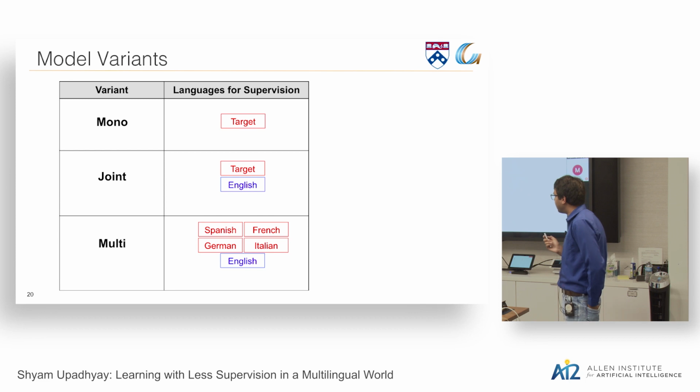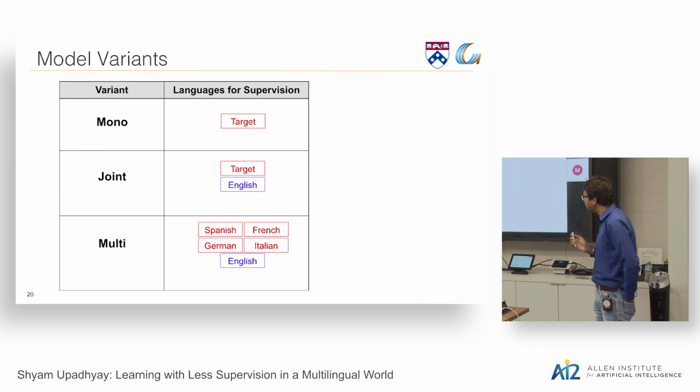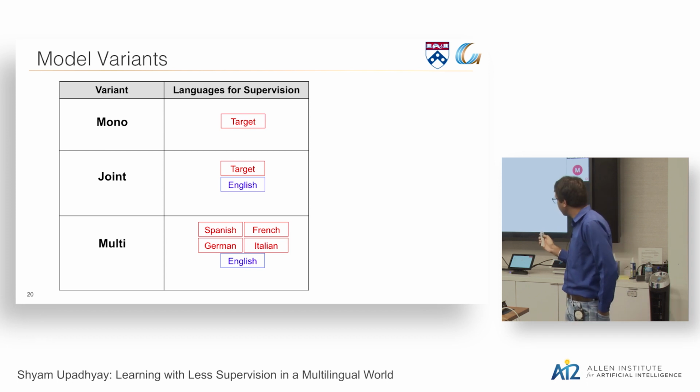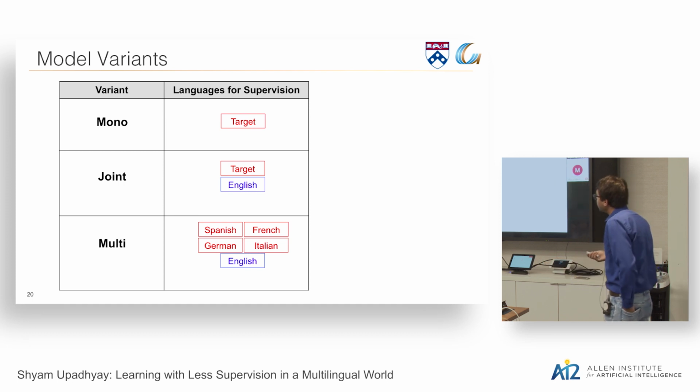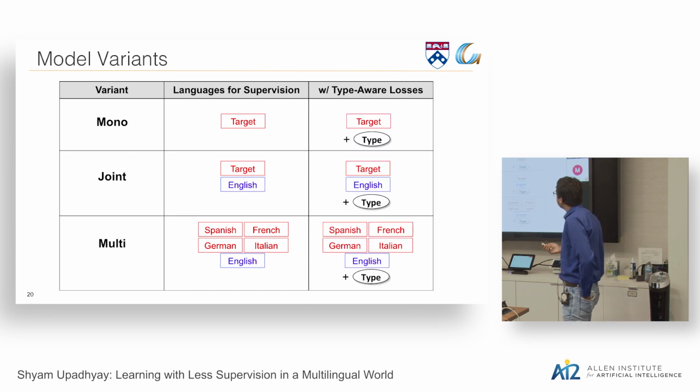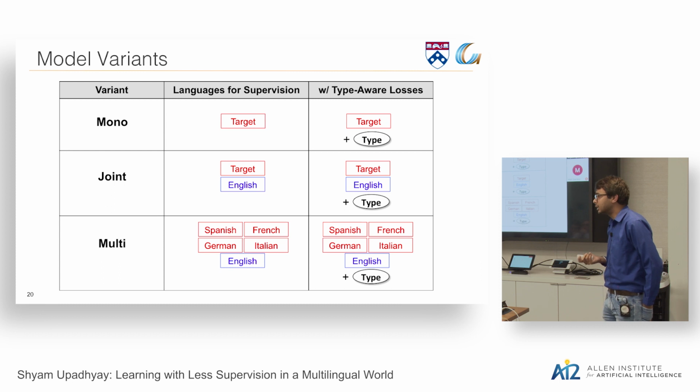And we also trained a multilingual model on 5 related languages, Spanish, French, German, Italian, and English. And these would be used for the relevant languages in the experiments. And for each of these variants, we also have the variant which incorporates the multitasking type loss to show if adding the type loss is helping at all or not.